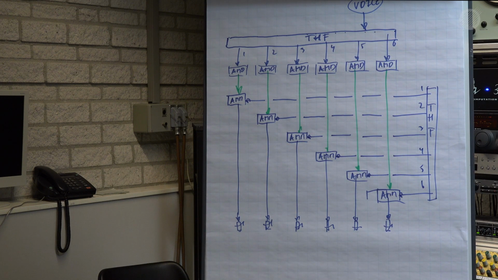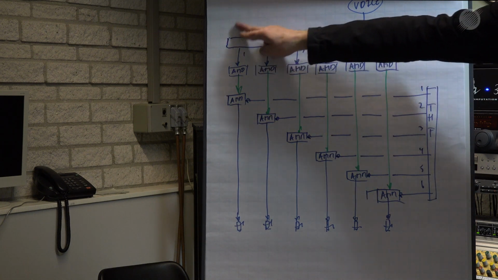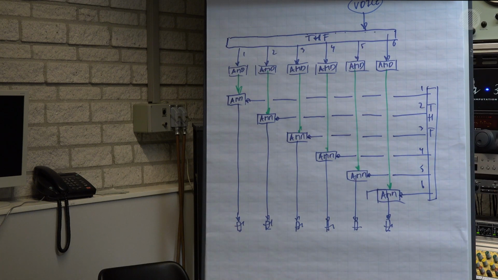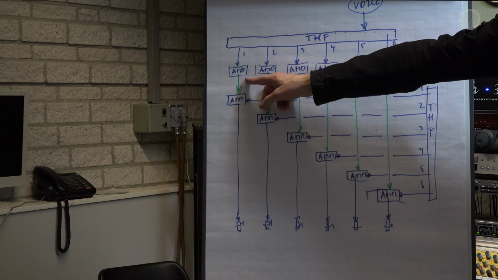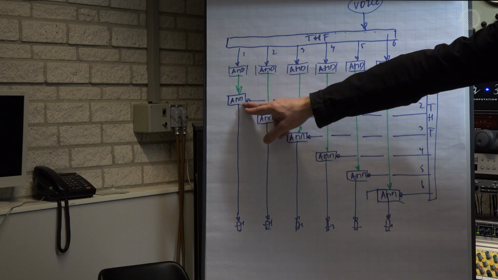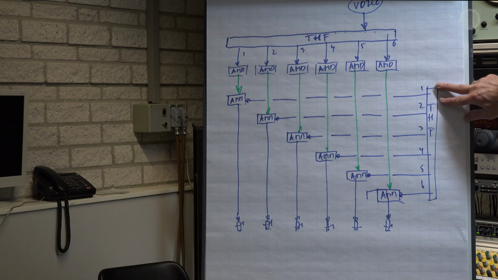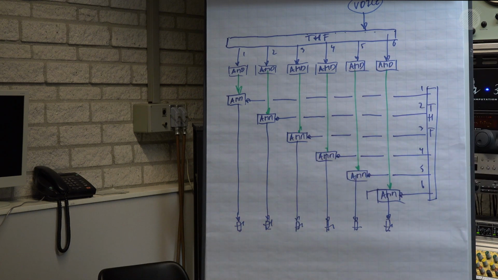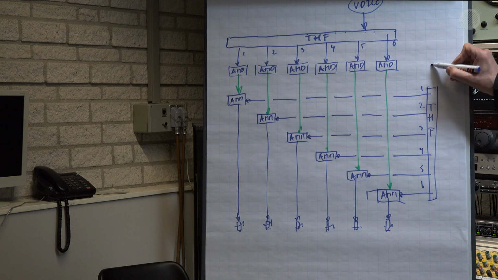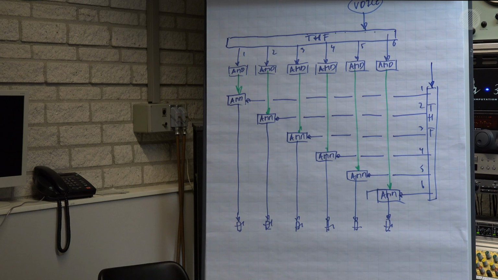So what does that mean? It means that when there is energy in these frequency bands that I have here on the output of number 1, I will get a voltage on the output of the demodulator, which will open the amplitude modulator number 1, and we will pass the output of the second third octave filter in the same frequency range to this fader, and so on. So that then leaves the question, what is the sound that I'm going to send into this filter? Well, that's a question that we can answer later.